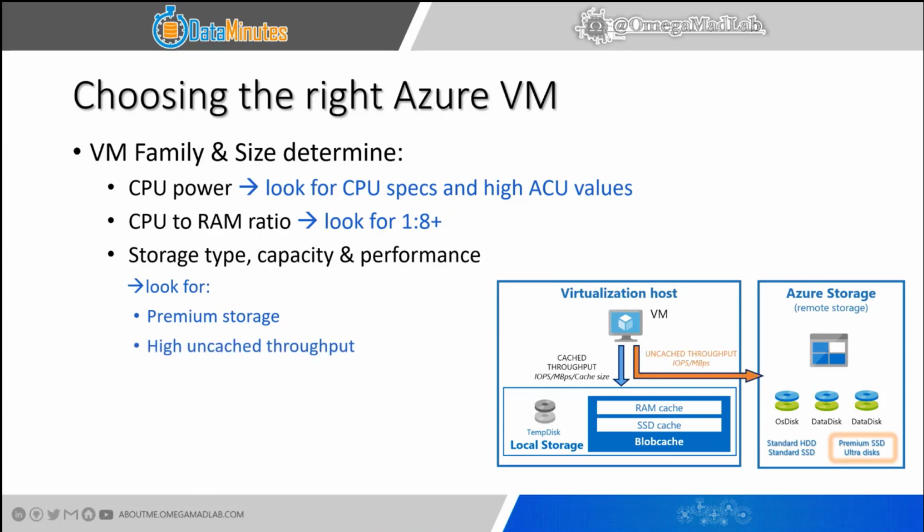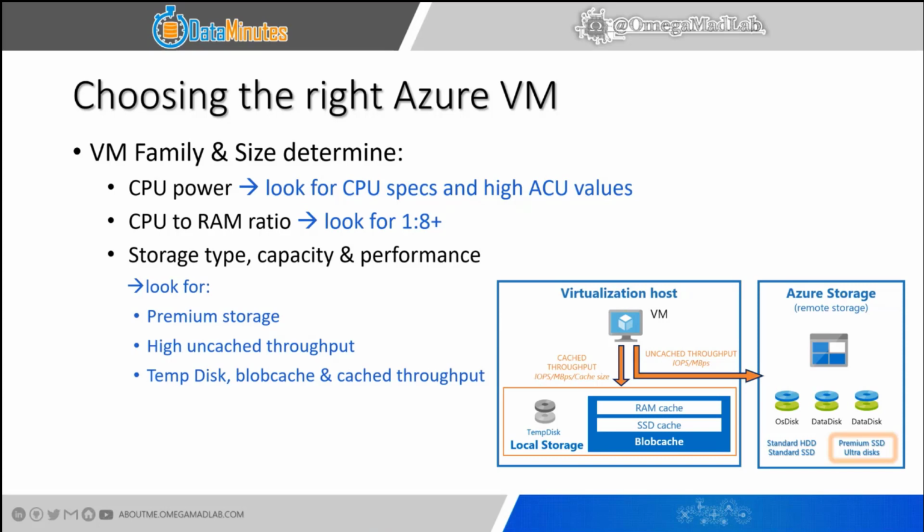Then you need a high uncached throughput. This is the channel the virtual machine uses to reach the durable disks that are hosted on Azure storage. And since this kind of storage has its own latency, you may need to increase the performance of your virtual machine by leveraging local storage on the virtualization host that currently handles the virtual machine.